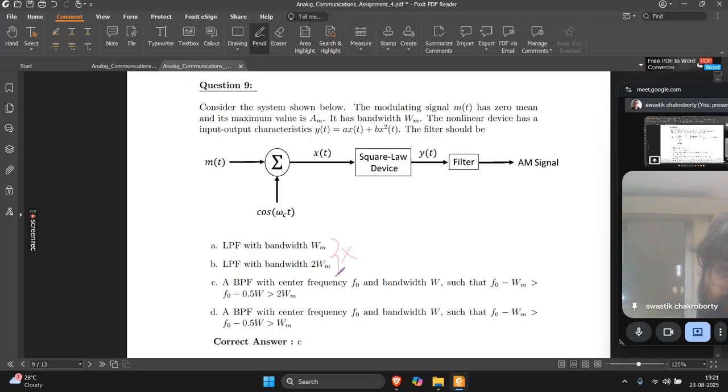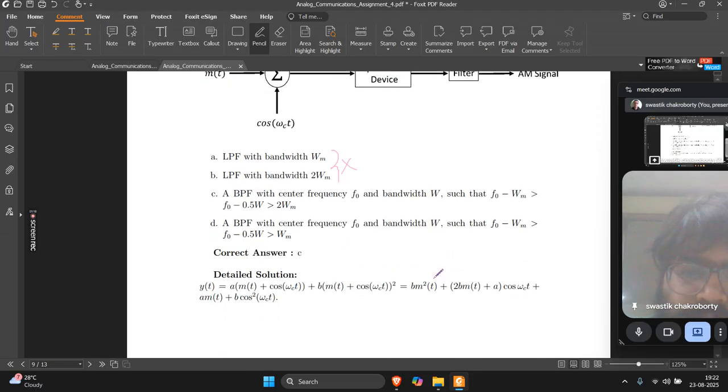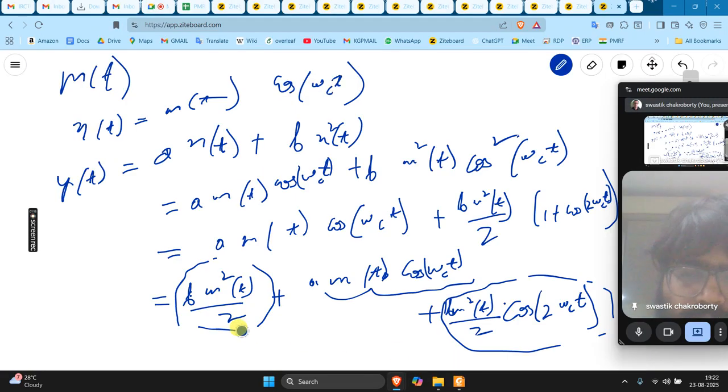Now we have to make the filter with the cutoff frequency such that m squared(t) has a bandwidth of 2W. So m(t) has a bandwidth Wm, so we have to go up to 2W.